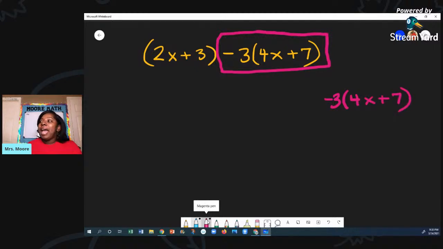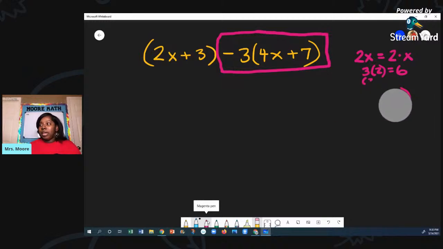Remember when we had 2x and I taught you that side by side we multiply? When we have two numbers or variables next to each other, that's multiplication. 3 parentheses 2 is multiplication. If both of them are in parentheses, that's multiplication as well.